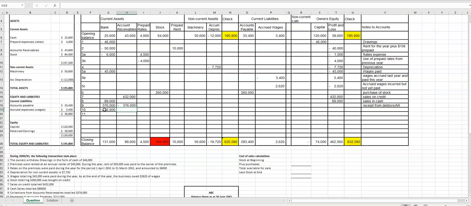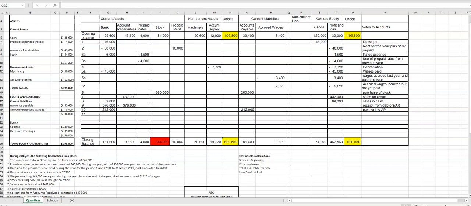And because our purchases were made on credit, we need to reduce our accounts payable because we owe these people less now because we've made that $212,000 payment. Oops, I need to put a minus 212,000. And my notation is going to be payment to accounts payable. So that's all of our transactions.